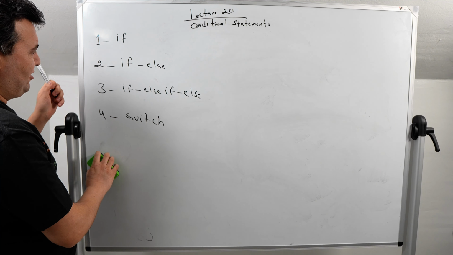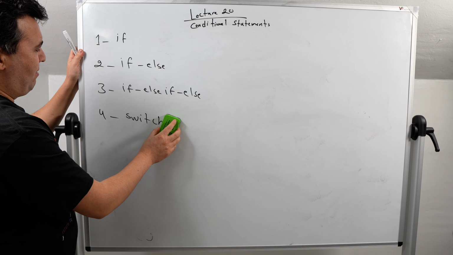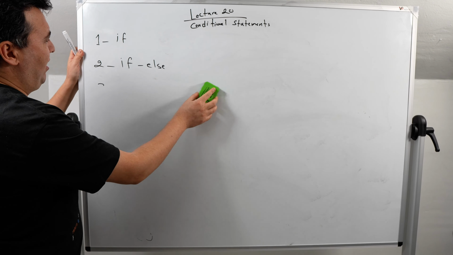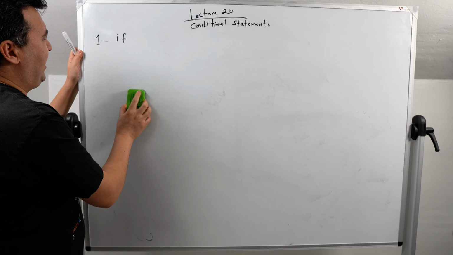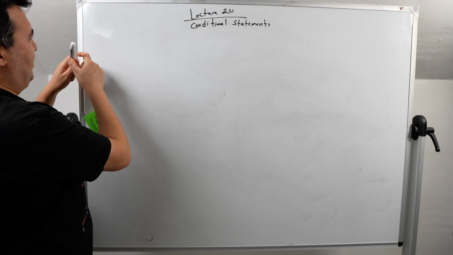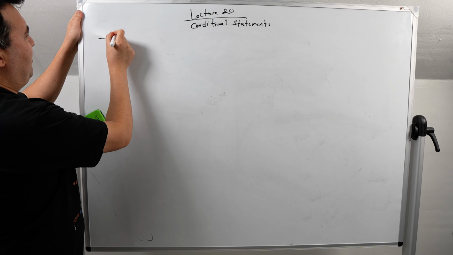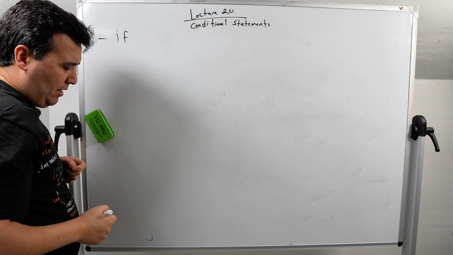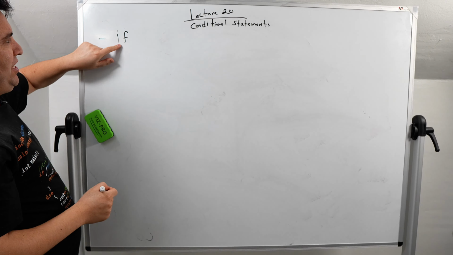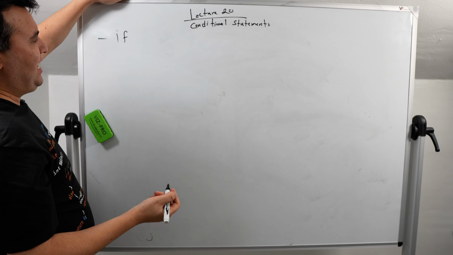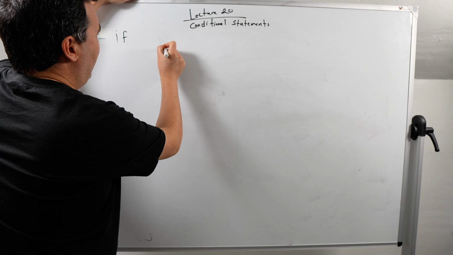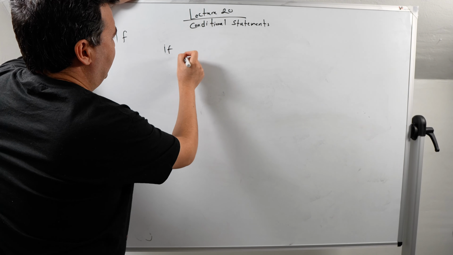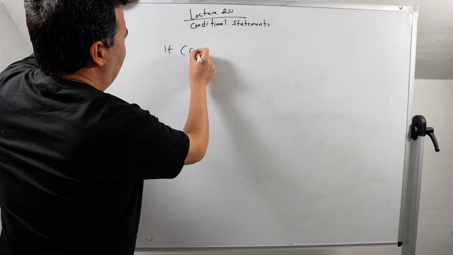So in this lecture, we want to talk about the if statements. So I remove this tree and I put only the if statement. How we can use these if statements? What is the syntax? So we write the if, then we write the condition inside parentheses.